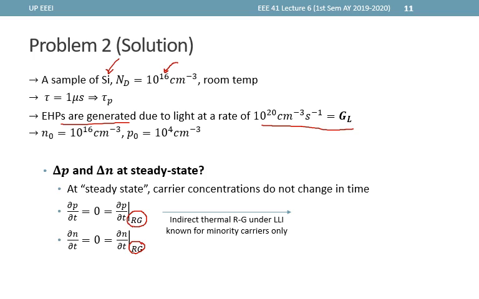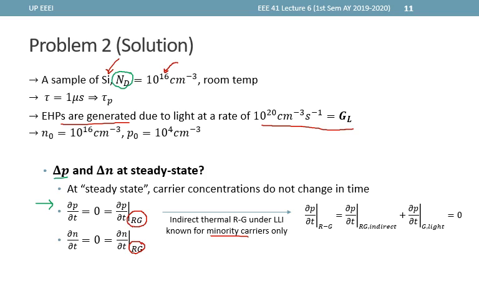So we actually have an expression for that, but only for minority carriers. Now, since we are dealing with an N-type semiconductor, then we can focus first on the delta P, or the excess minority carrier concentration.